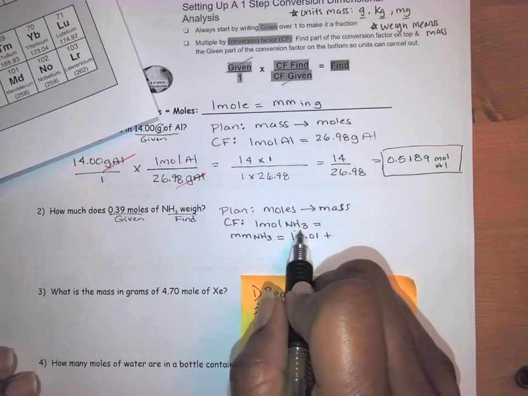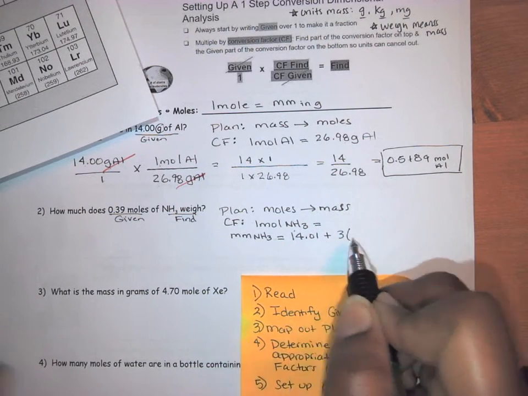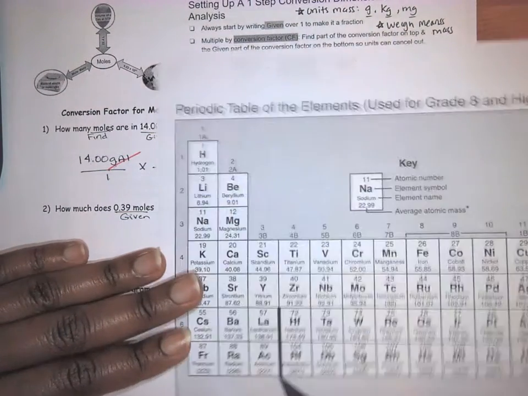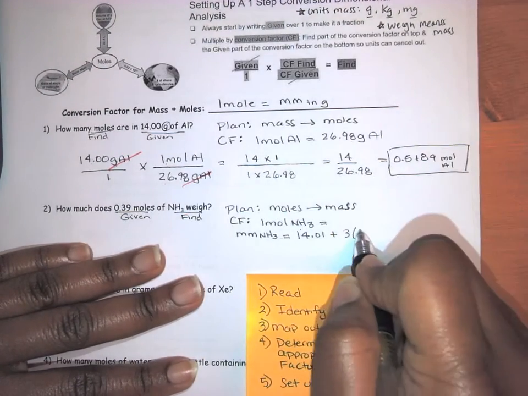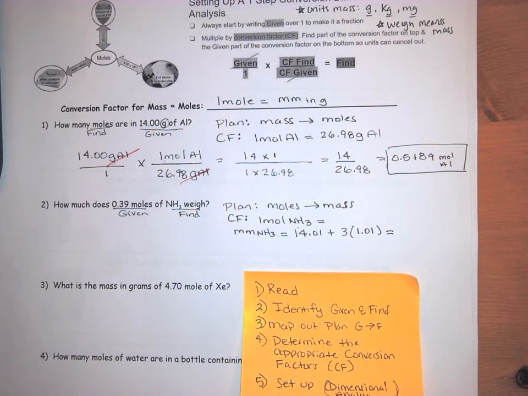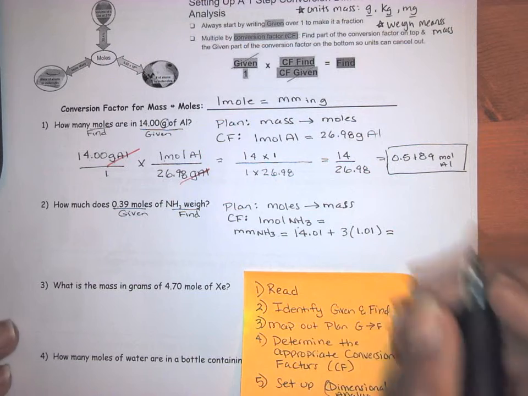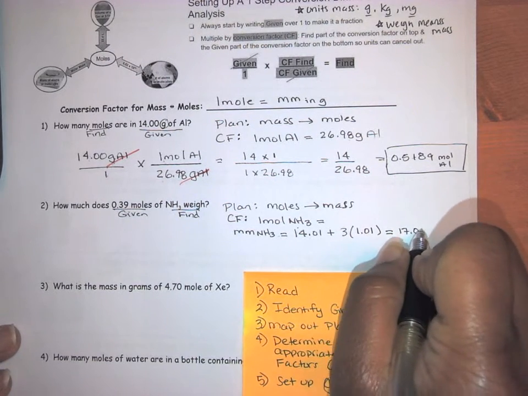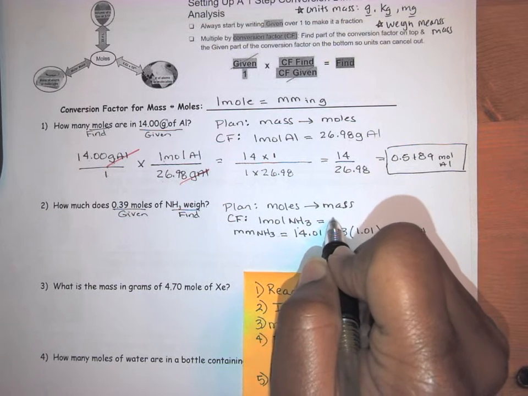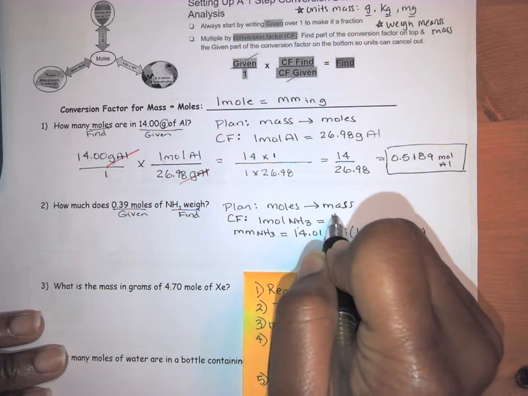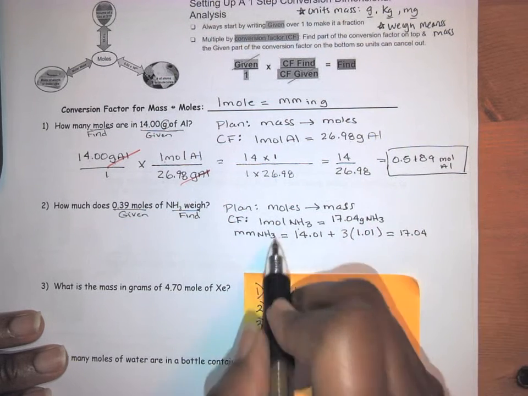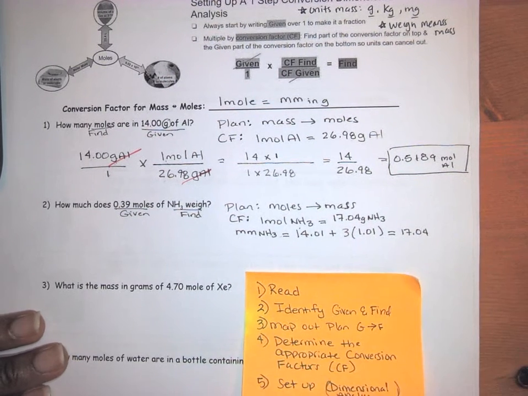And it has 3 hydrogens, so it's going to be 3 times the mass of hydrogen, 1.01. When I do the math really quickly, I get 17.04. Notice I'm not using units here because this is just my scratch work. But up here, I'm going to put my units in. So that's going to be 17.04 grams of NH3. So 1 mole of NH3 is equal to 17.04 grams.